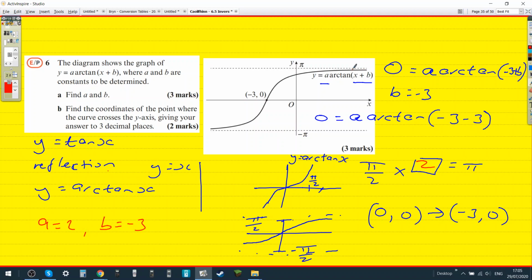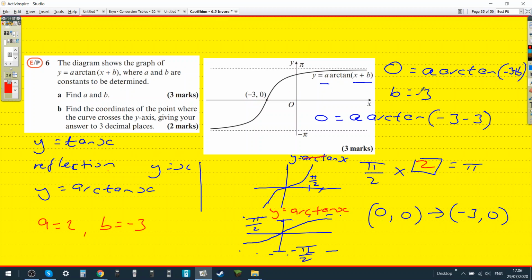Basically, y equals arctan x looks like this one down here, sorry. This is tan x. This one down here is arctan x. It goes through 0, 0. The new one went through minus 3, 0, so it must have moved 3 to the left.